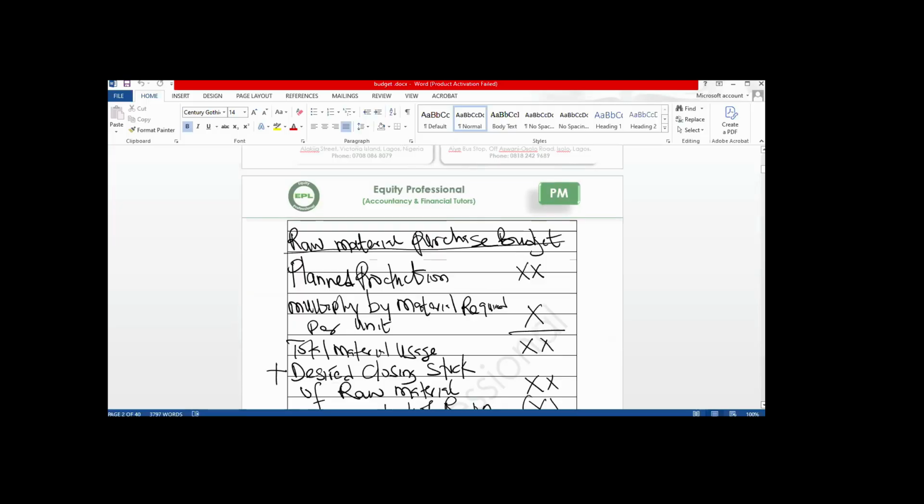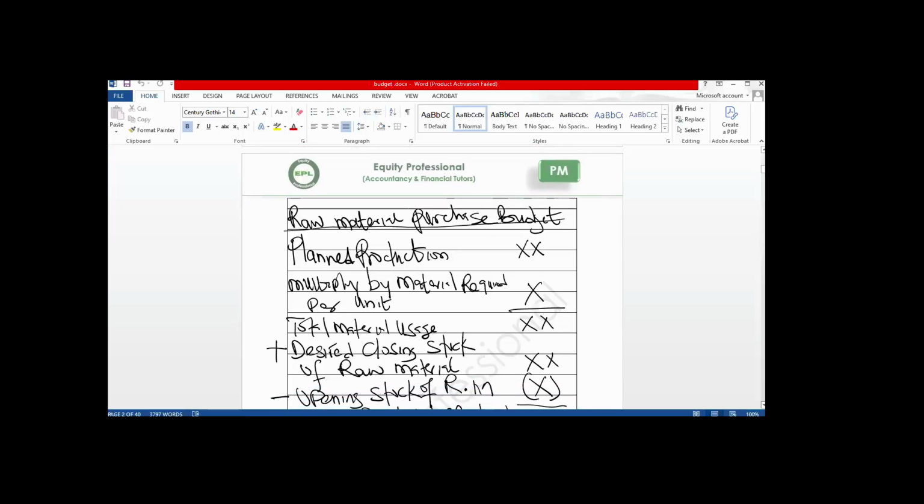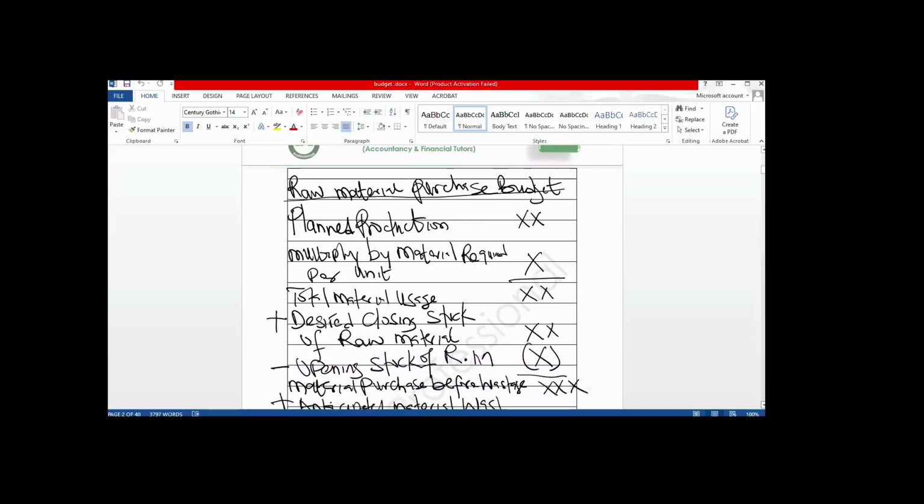You are going to start with your planned production, then multiply by material required per unit. That will give you total material usage, total material for production.